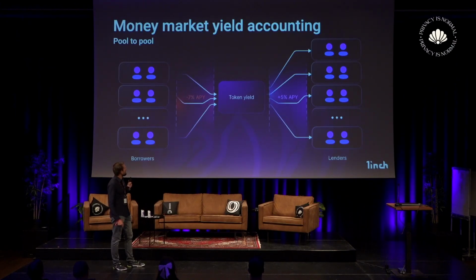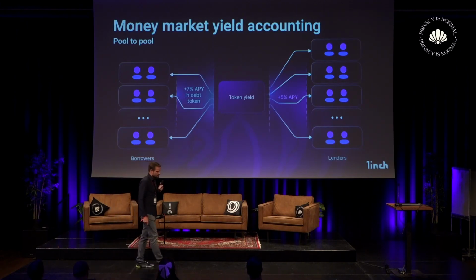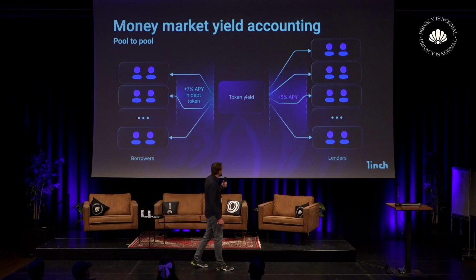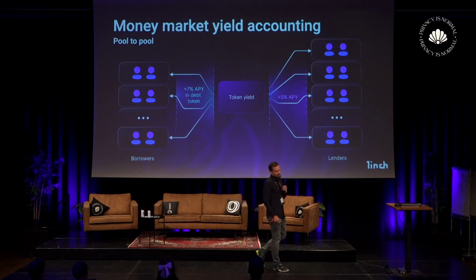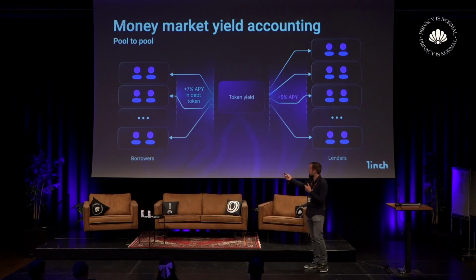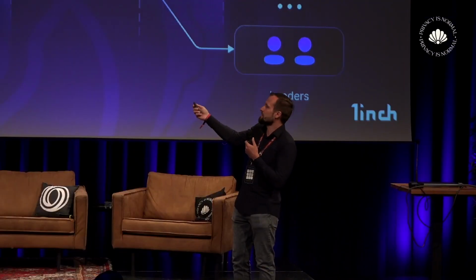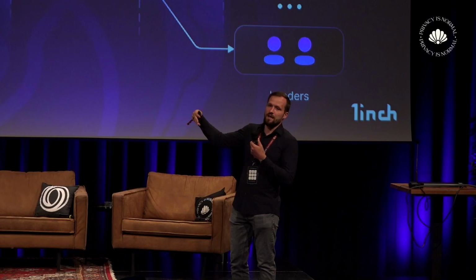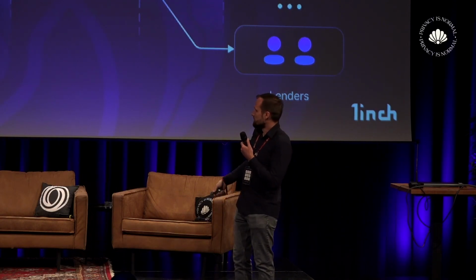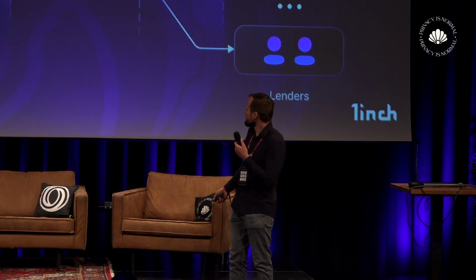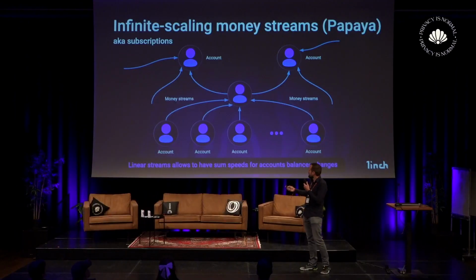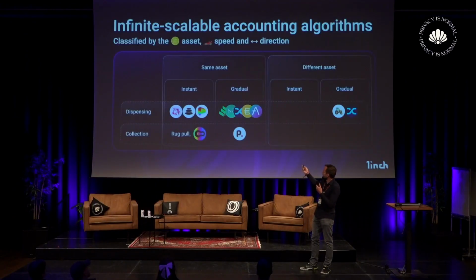But actually, the money market implementation is a bit tricky, and they use the same algorithm, the same algorithm of distribution. For borrowers, they are just distributing the same asset, their debt. It's like distributing a debt token. But it works. So let's get back to this classification.